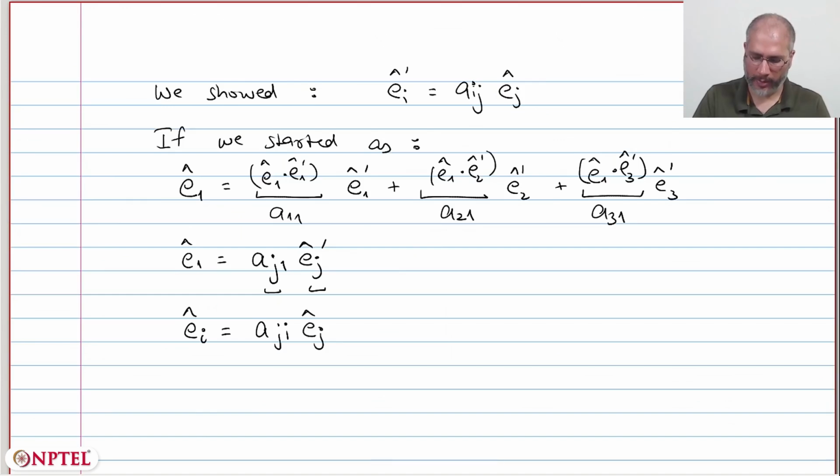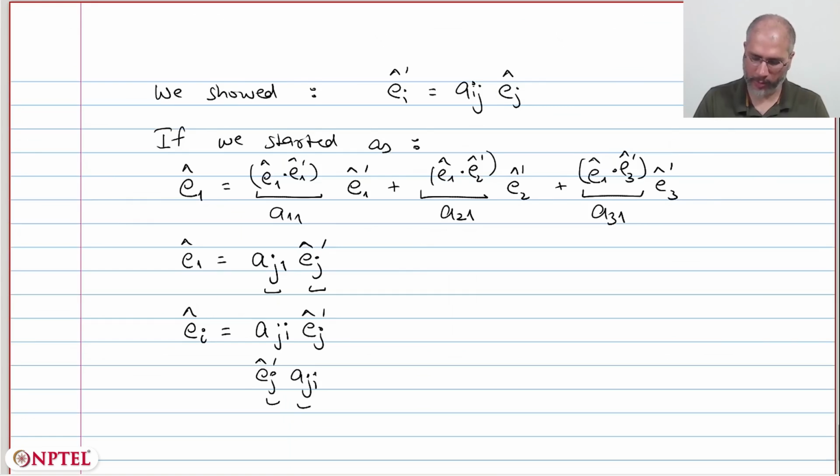times e_j prime. And since I want to represent this later as a matrix multiplication, I will also write this as e_j prime times A_ji.